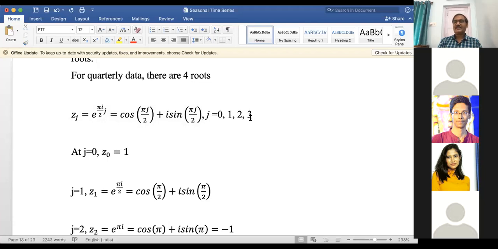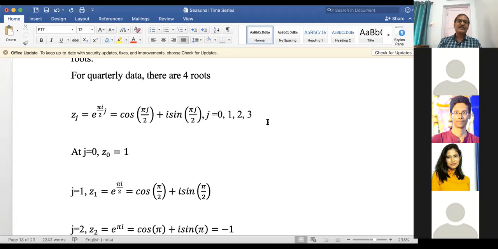Another possibility is 3 cycles. So you have a maximum of 3 cycles if you have quarterly data. Similarly, we will explain later for monthly data, s is equal to 12. So in that case, the value of j is equal to 0 to 11. So you will get a maximum of 11 cycles in the case of monthly data.